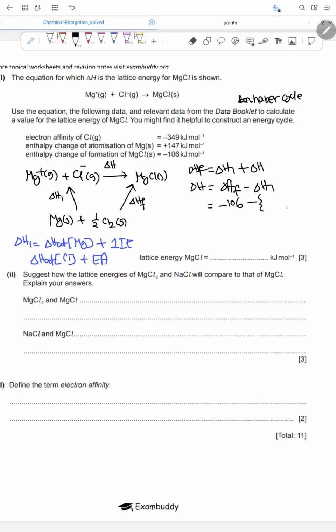Atomization of magnesium is 147. Then the first ionization energy: go to your data booklet and navigate to the page of the ionization energies.